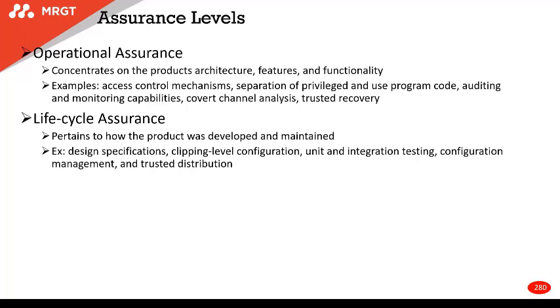There are a number of certifications that are awarded to products. But all in all, these certifications, as I told you, ITSEC, TCSEC, and the EAL levels, fall under two different categories: operational assurance and life cycle assurance. Operational assurance is all about whether the product will provide the necessary level of protection, based on what kind of architecture it presents inside the organization, what kind of deployment it represents, what embedded features and functionality the product provides.